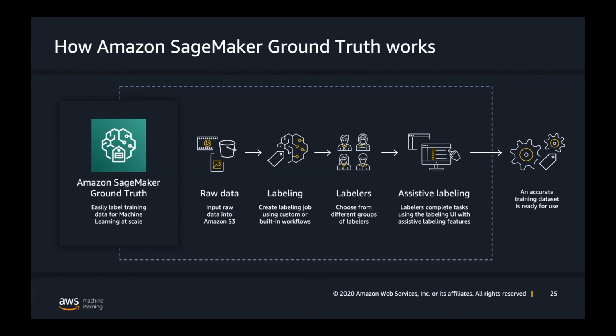For example, if you are working in an organization that has regulation, you can define private labelers that can go and label your data. The process is pretty simple. You define the job, you drop your data, image, or text into the S3 bucket, and you give the instruction to the labelers that you define, and then they go to the job, label your data, and drop the result back into the S3 bucket.